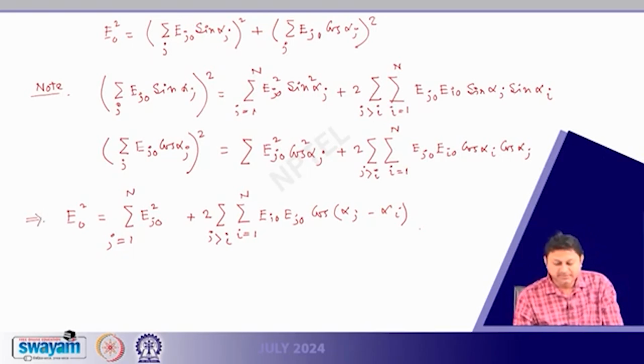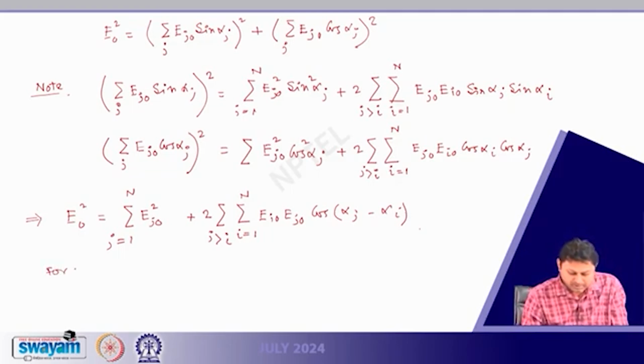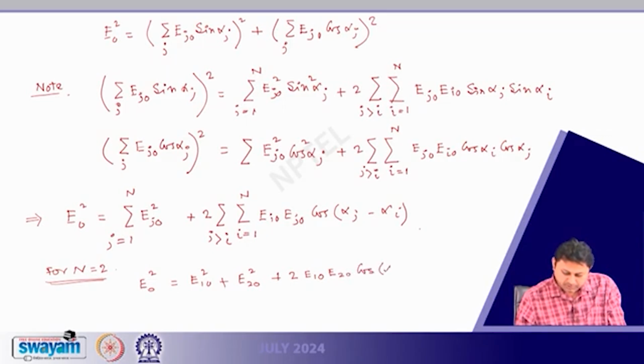If I take only 2 values, n equal to 2, that is only 2 terms, this general expression simply takes the form E0 square is equal to E10 square plus E20 square plus 2 E10 E20 cos of alpha 2 minus alpha 1.